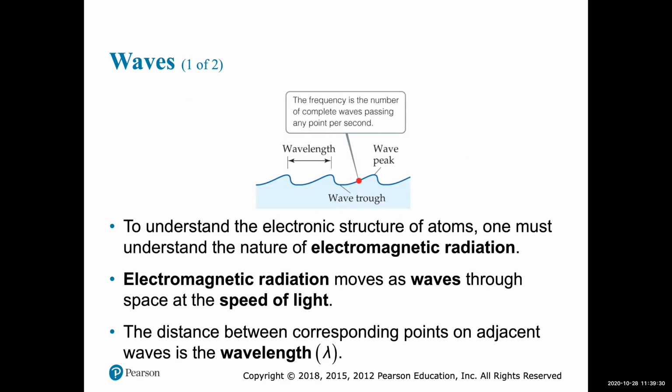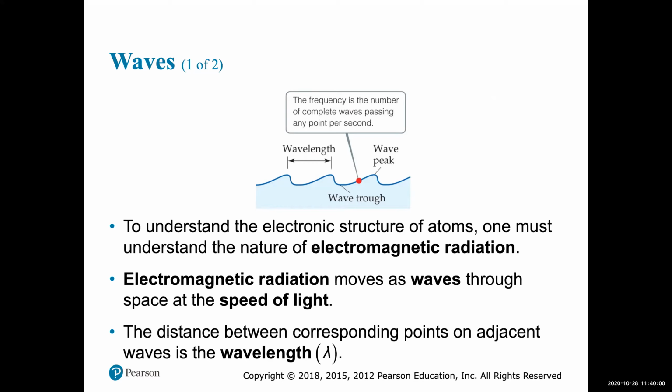So when we talk about waves, that's important in understanding electromagnetic radiation. When we talk about electromagnetic radiation, what we're talking about is light. And light moves as waves. And it moves at the speed of light. So speed of light, you've heard of that term before.